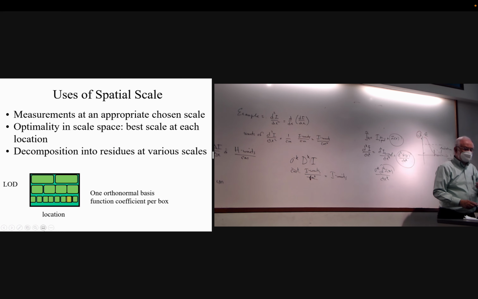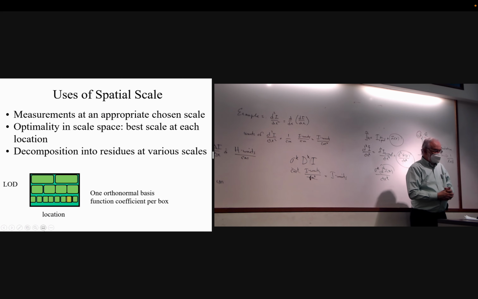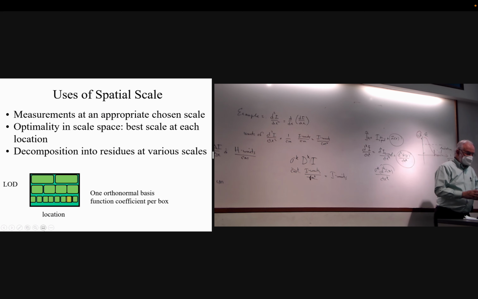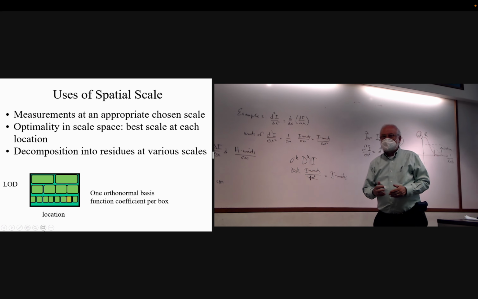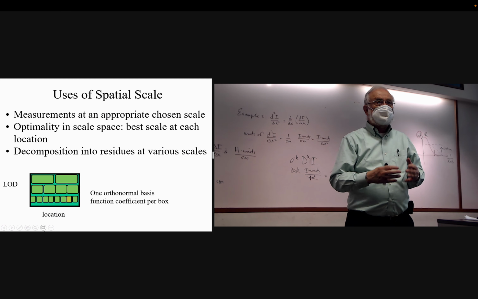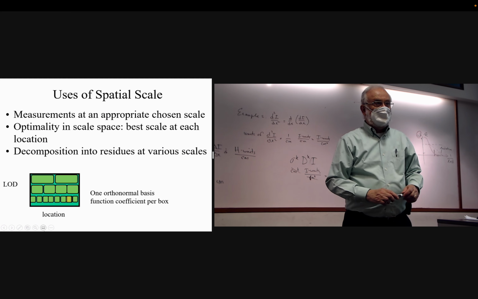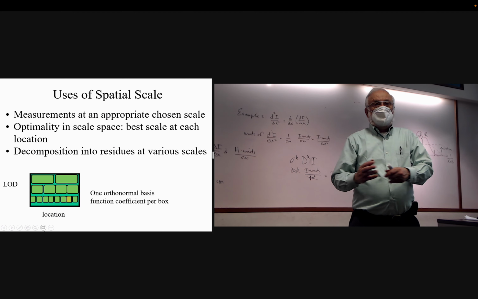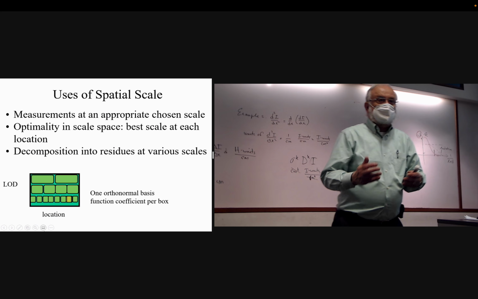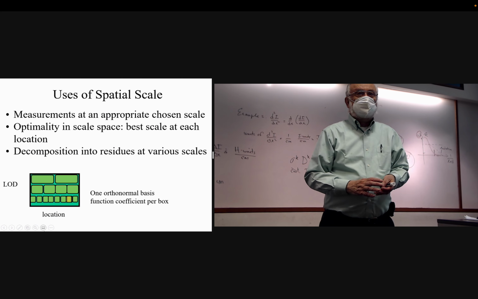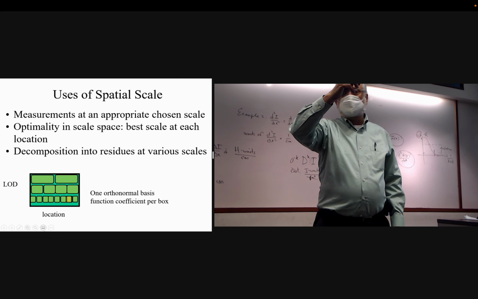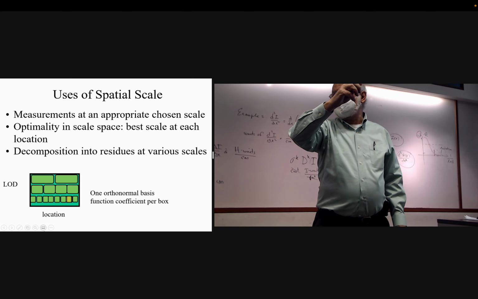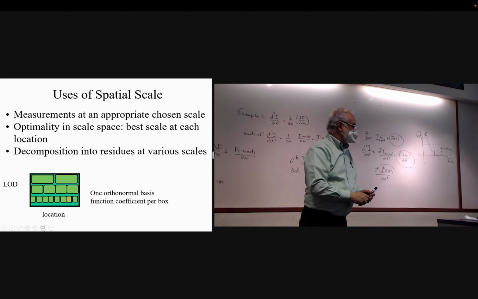So we've been talking about spatial scale. We have said we should make our measurements at whatever the appropriate scale is. We talked about scale space and the idea that we want to find things that are optimal in scale space, not just in position space, or in general in scale space times direction space, because we need to take our derivatives of bars orthogonal to the bars and our derivatives in edges orthogonal to the edges, and so on.